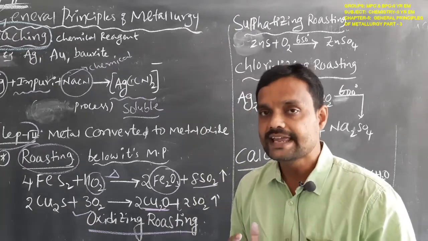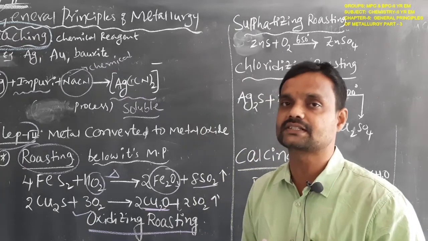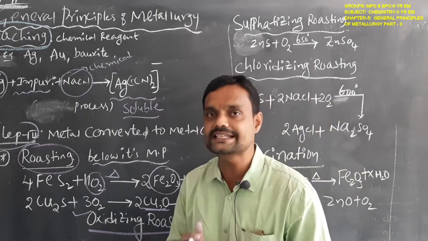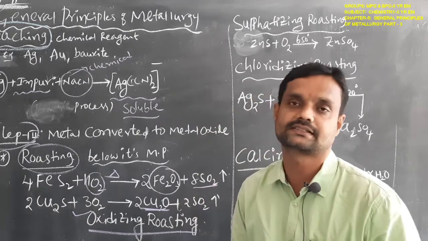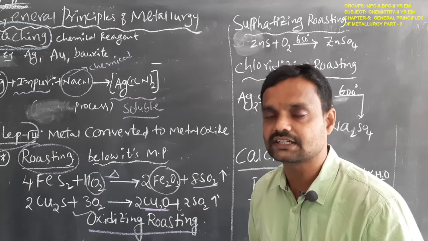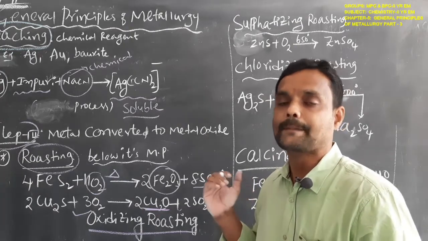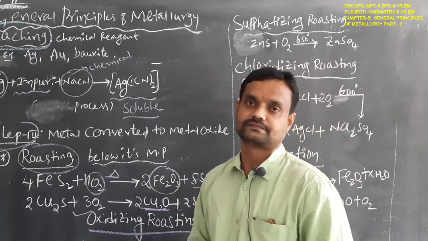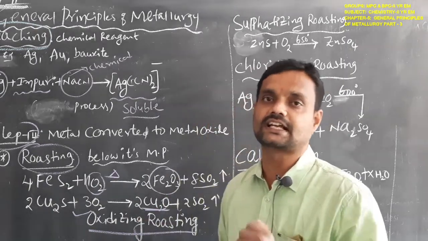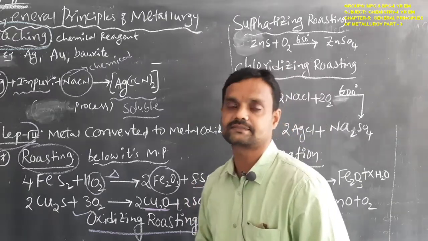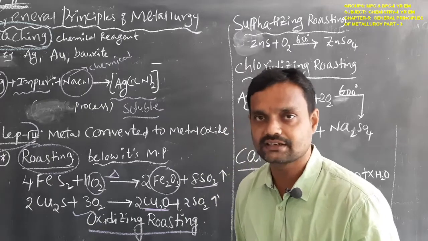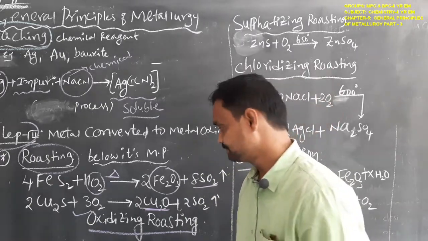What is that, student? Heating of the ore in presence of excess air below its melting point is called a roasting process. During this roasting, the ore is converted to its metal oxide form. This roasting is classified into 3 types: oxidizing roasting, sulfatizing roasting, and chloridizing roasting.